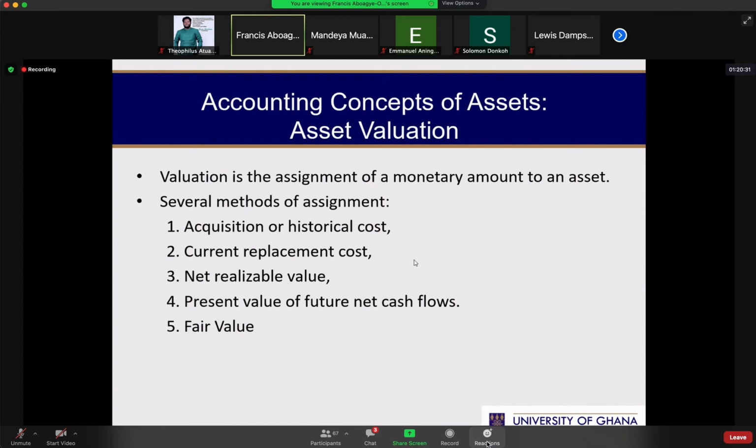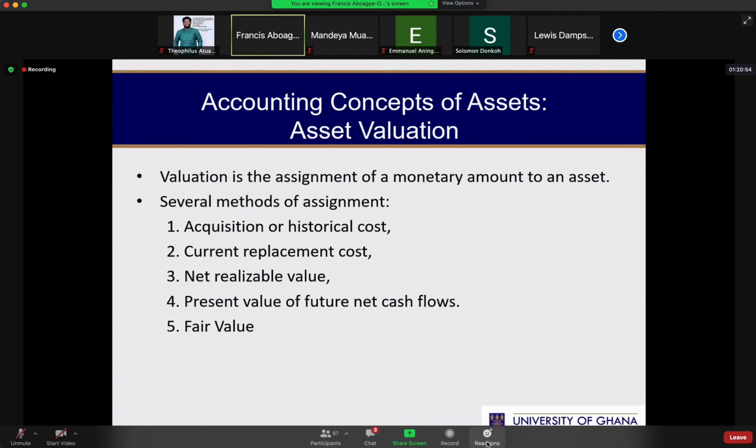Okay, so we want to determine the value of stock to be included in the statement of financial position. Now we're given that the company had 10,000 units of products, but each of them costs 5 cedis.